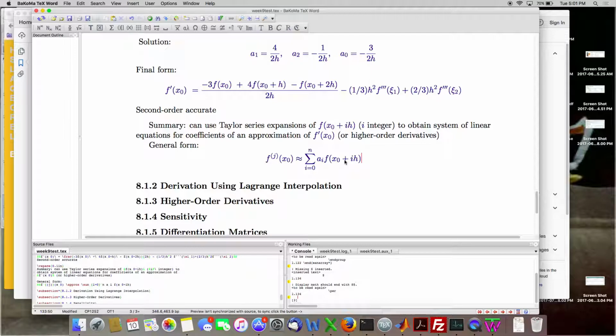You're using Taylor expansions of these points to approximate your derivative.